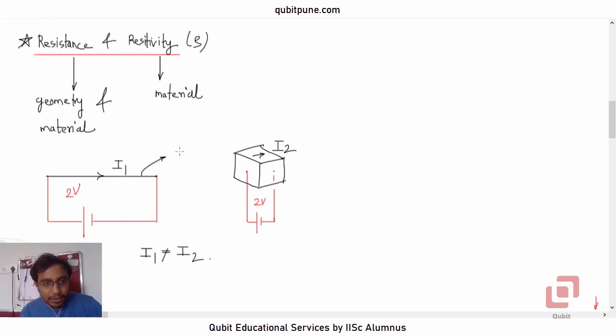So if I call this iron wire, and suppose I call this iron block, then what will be the same for both?